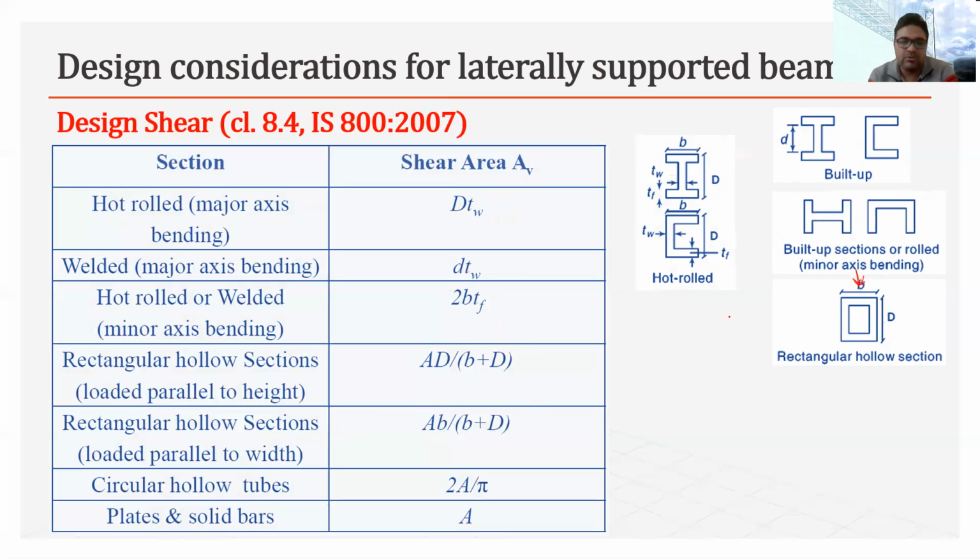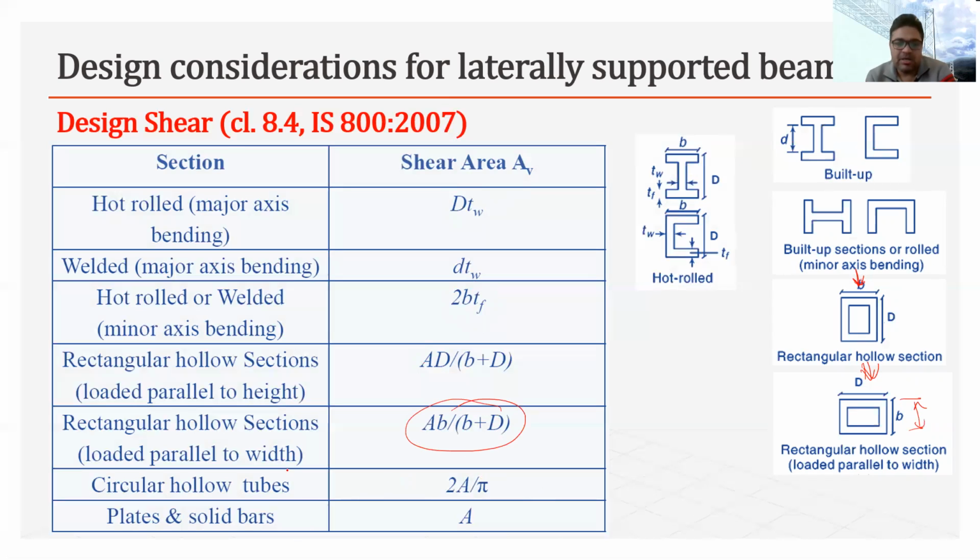Now, if the load is parallel to the width, with the rectangle in this direction and the load again vertical, the shear area would be this one. Similarly, for circular hollow tubes, it is 2A by pi, where A is the area of cross section of this hollow circular section, and with this we can find the shear area.